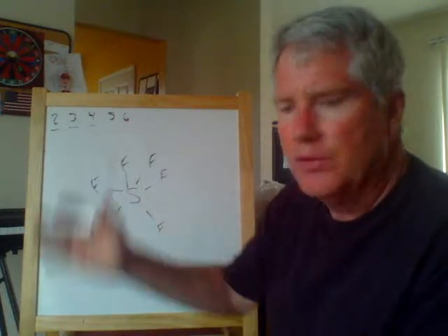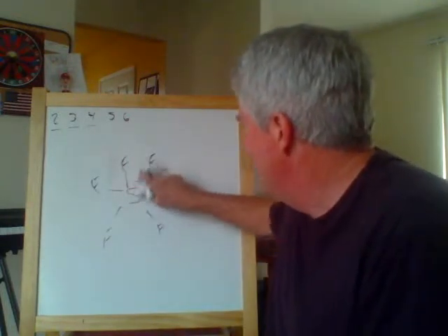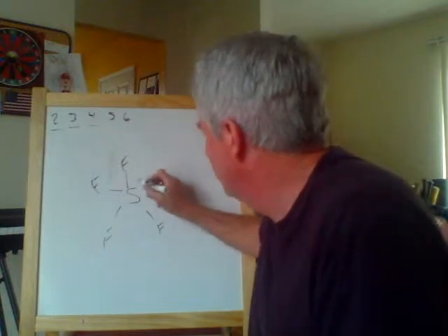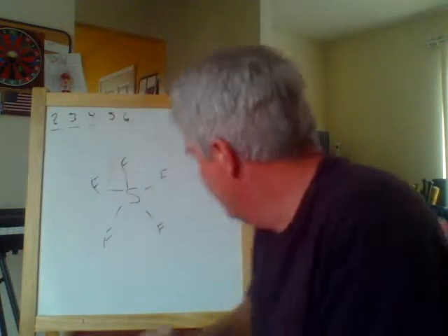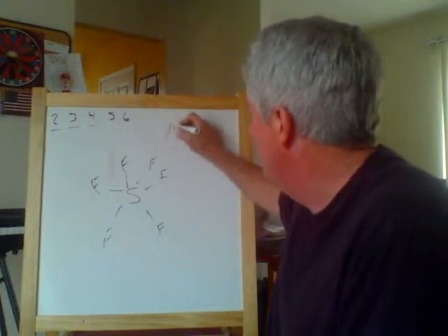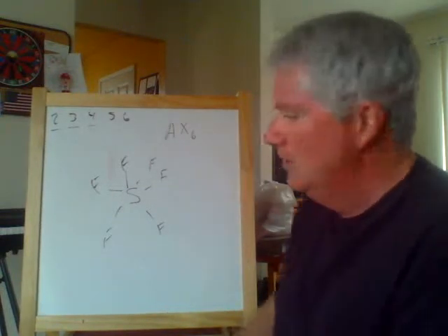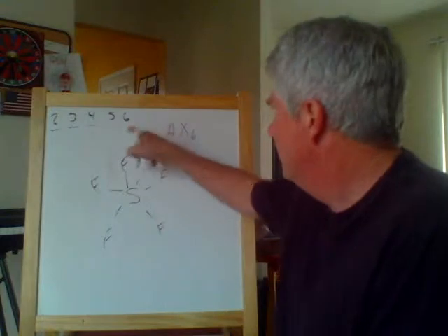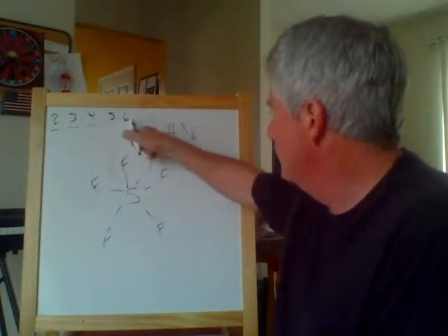Okay. This is actually a case of AX6, but there are other shapes when there are 6 electron groups.